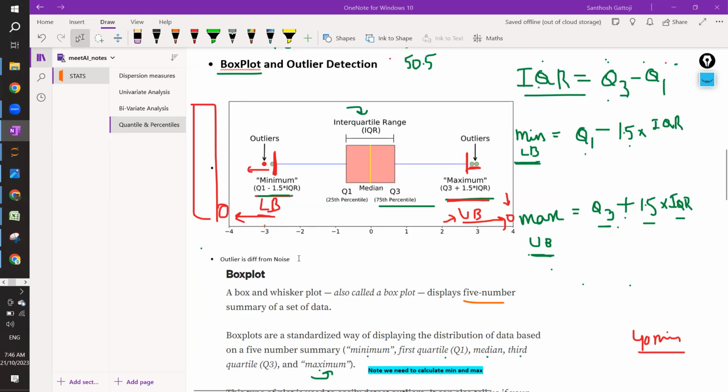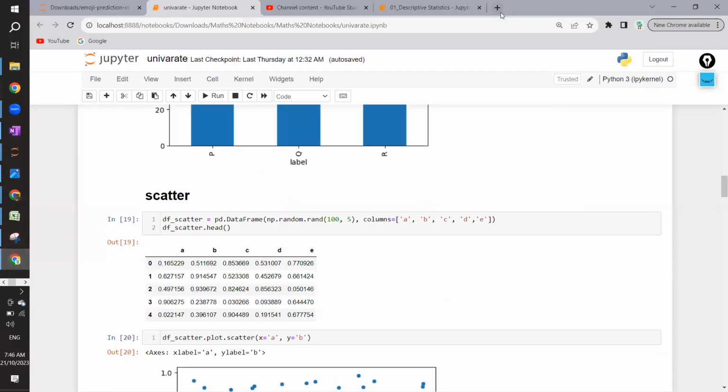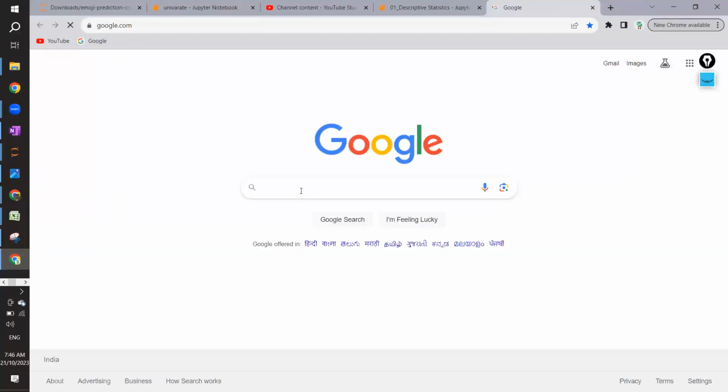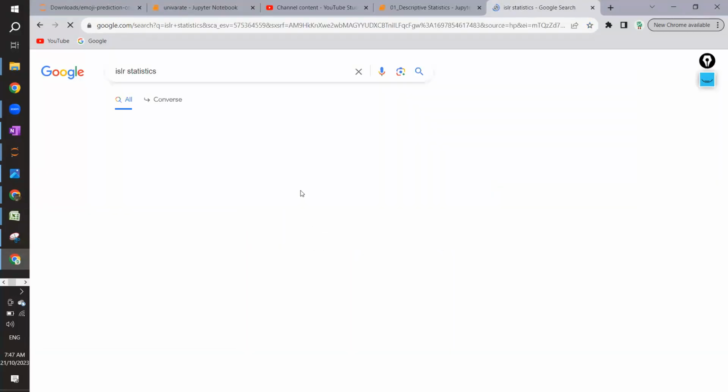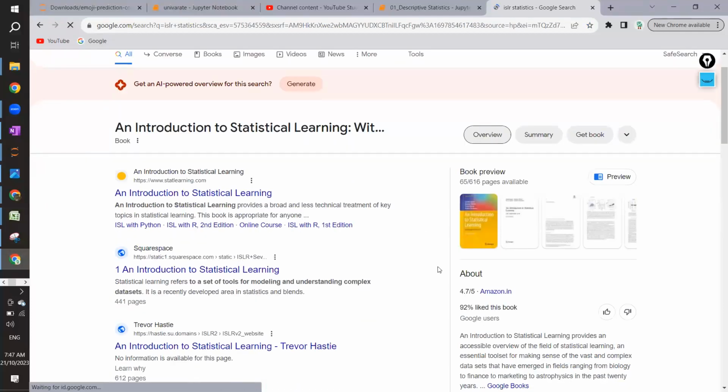Okay, fine. So that's all from my end. We can meet on Monday. Just before going, in case you are interested in ISLR: we have this book called Introduction to Statistical Learning.